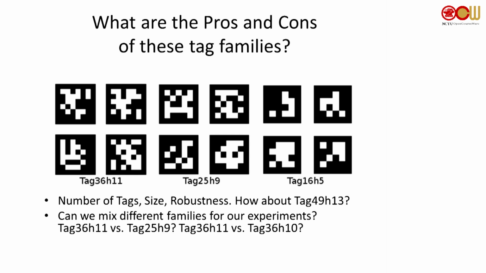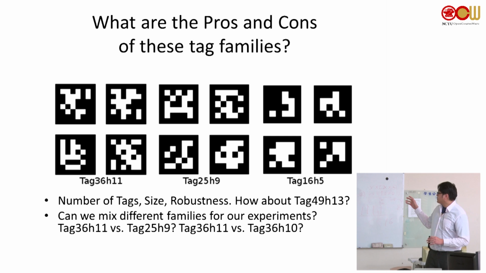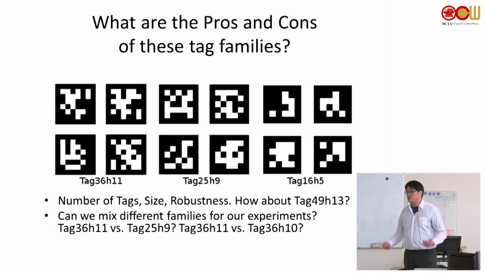So we can think about the number of tags. For example, for tag 16H5, you can imagine that the total number of tags could be much lower than the tag 36H11 family. But the good thing about the tag 16 family is that you may get a bigger cell in a given observation, right?